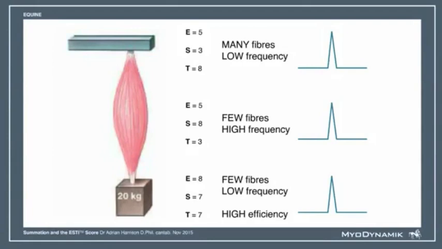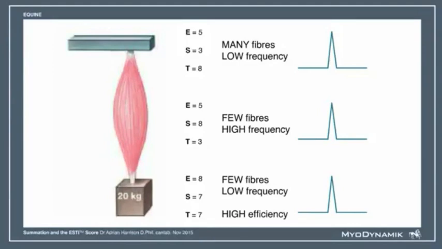The E parameter is quite high, in this case 8 out of 10, which indicates a high degree of synchronized fiber contraction resulting from a trained and synchronized firing rate of the relatively few active motor neurons.